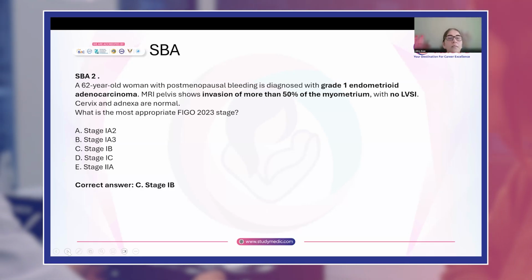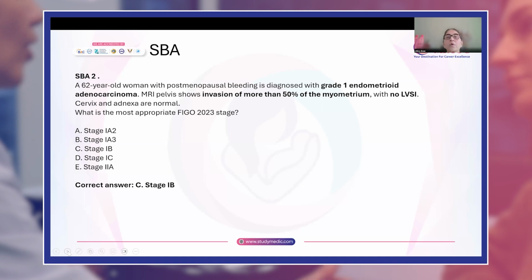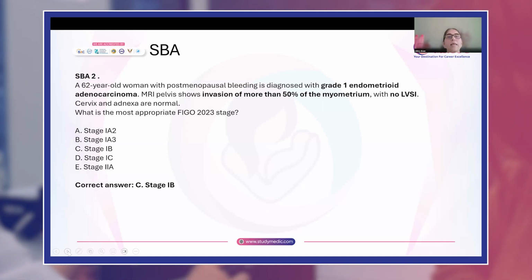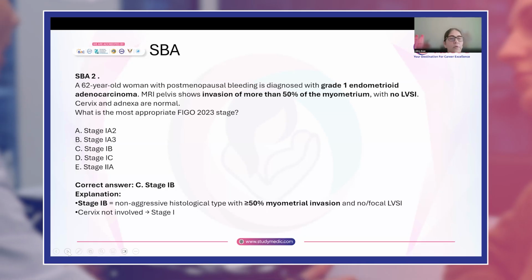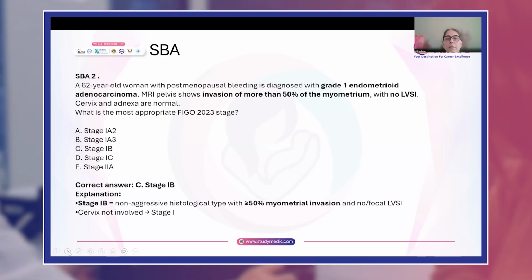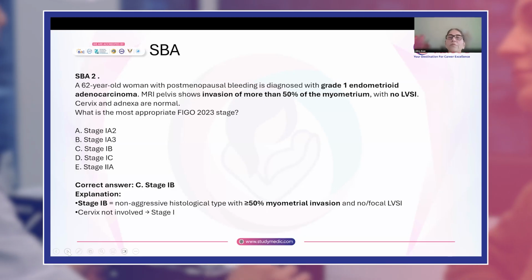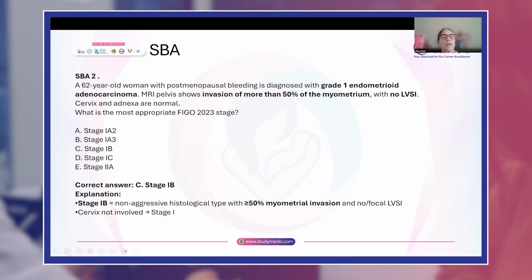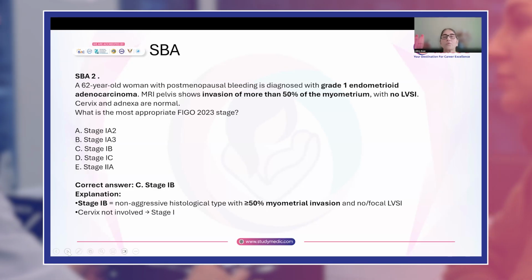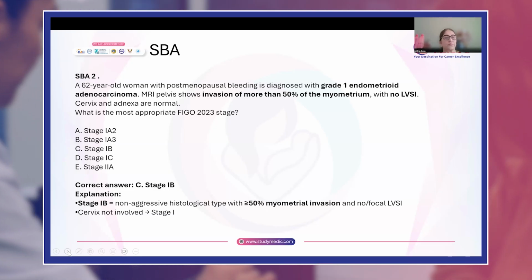So the answer is again stage 1B because serosa is not involved and it is again low grade. Okay, grade 1 endometrioid. There is no focal LVSI and more than 50% of myometrium, but no serosal involvement is there. And cervix also is not involved. So it doesn't become stage 2.